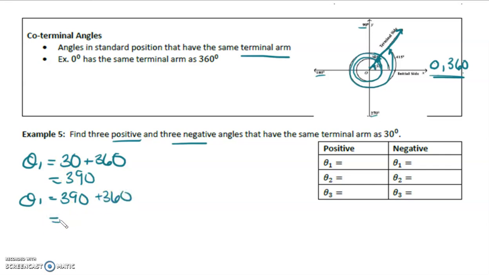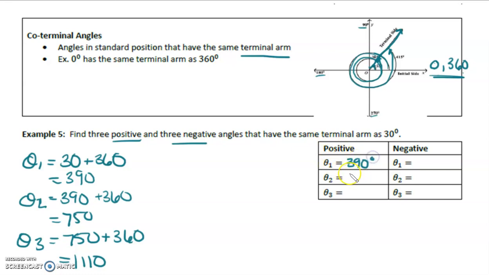Every time we go around a circle, we are going around 360 degrees. For theta 3, 750 plus 360, we get 1110. So for the positives, 390 degrees is coterminal, 750 is coterminal, and 1110 is coterminal.